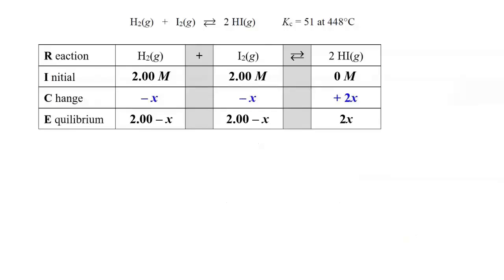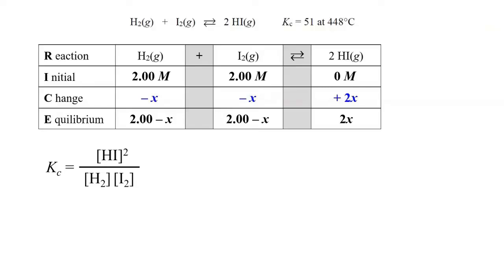So how we do that is we plug in the values for concentration of hydrogen, iodine, and hydrogen iodide in terms of x into the equilibrium constant expression, which will be concentration of hydrogen iodide squared divided by the product of the concentration of hydrogen times the concentration of iodine.